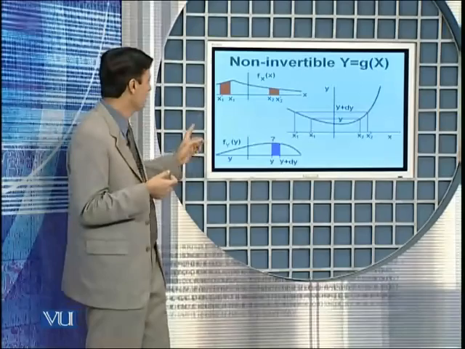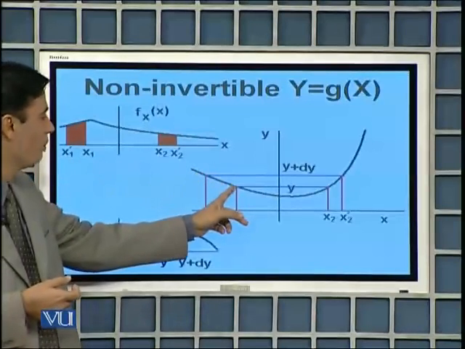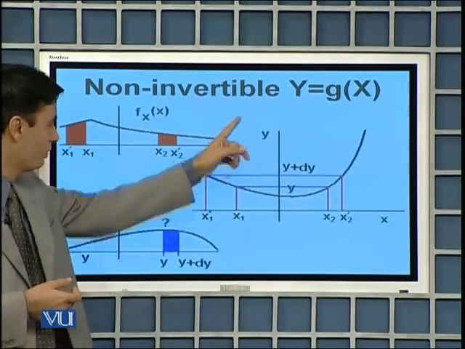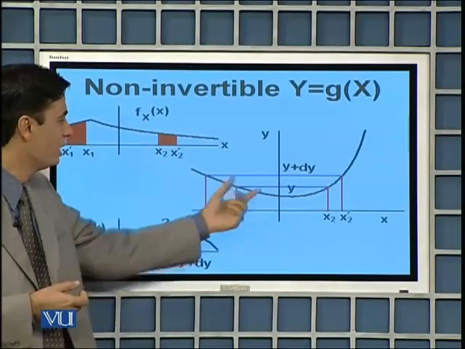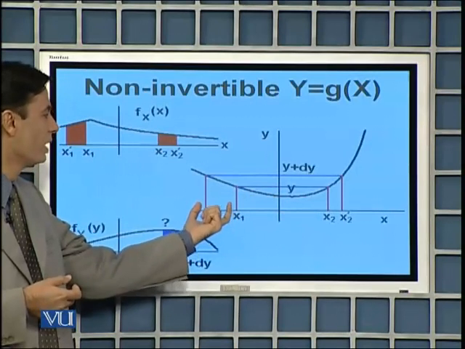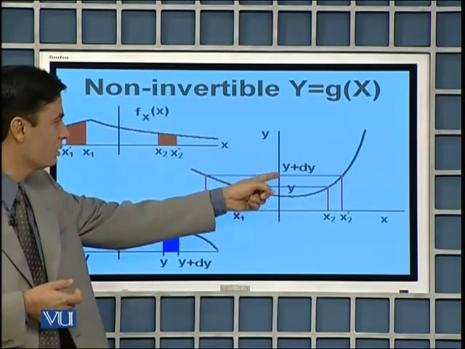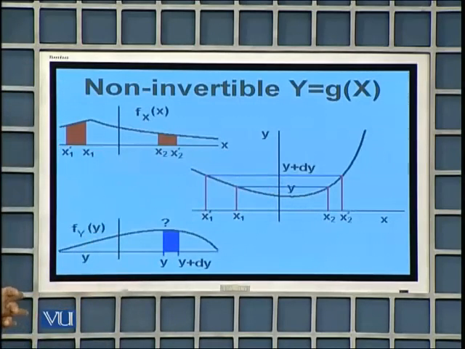So assuming that this is a straight line here, the slope, which is the derivative of this mapping G, is equal to this width dy divided by this interval. So this interval is equal to this width divided by this slope.